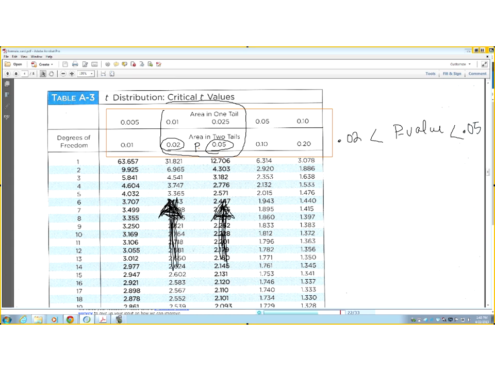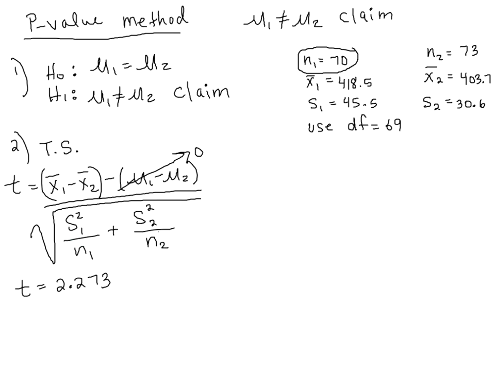On the calculator, you can get an exact value. So let's go ahead and compare the calculator with what the table gave us, and then we can see if we can confirm it. All right, so on the calculator, that's our third step here, our p-value.